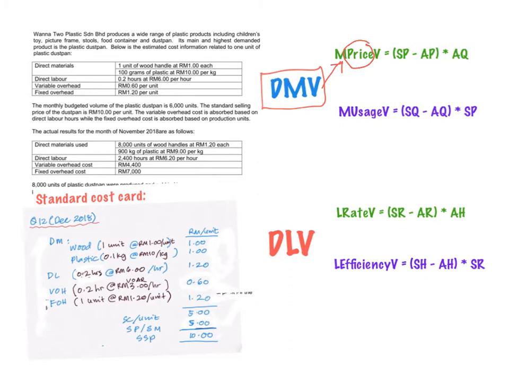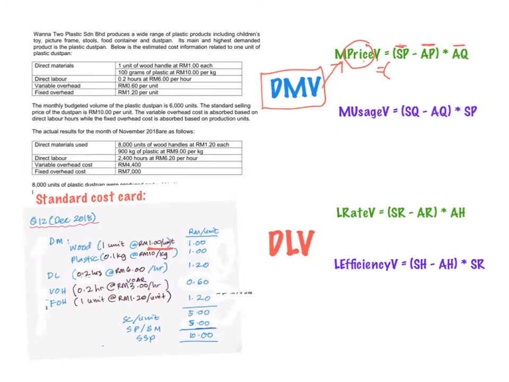So we are going to look at the difference between the standard price and the actual price. That's why we call it price variance. It is the difference between the standard and actual price, and you multiply it by the actual quantity purchased, because we are talking about price, so we are talking about units purchased. If you look back at your standard cost card, you will discover that the standard price of the wood handle is 1 ringgit.